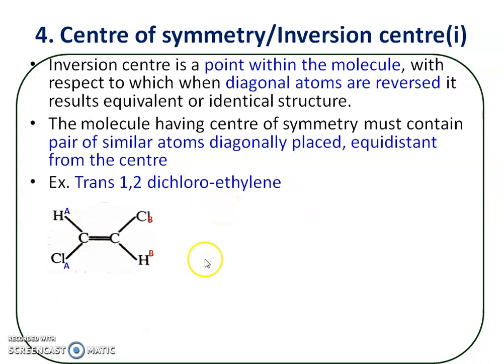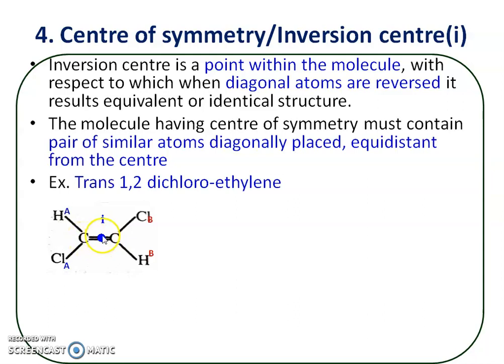This is the structure of trans 1,2-dichloroethylene, a carbon-carbon double bond, and these are the two chlorine atoms which are trans to each other. This is chlorine B and this is chlorine A. Now imagine this point, exactly the center of the molecule. From this center, these two carbons are equidistant.